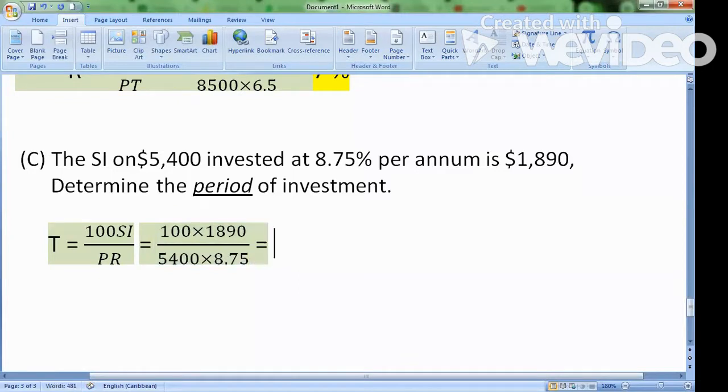All right, and this should be in years, right? So work on that for me. For years, sir? Four, yes, sir. 4.02, so it's 4 years. Yeah, you're correct.